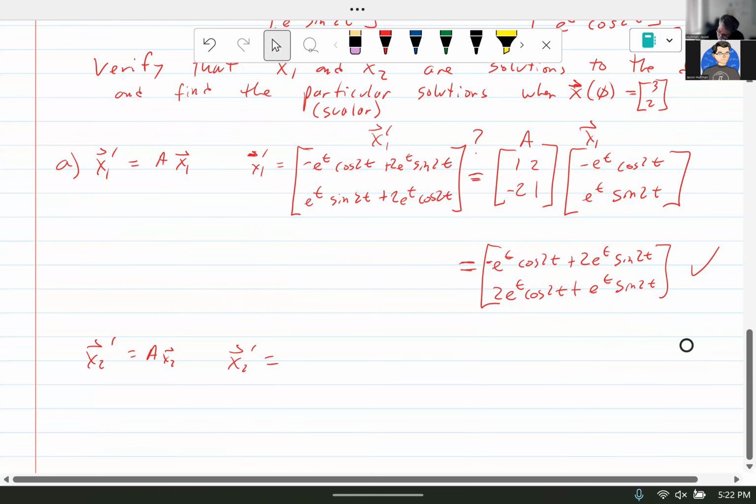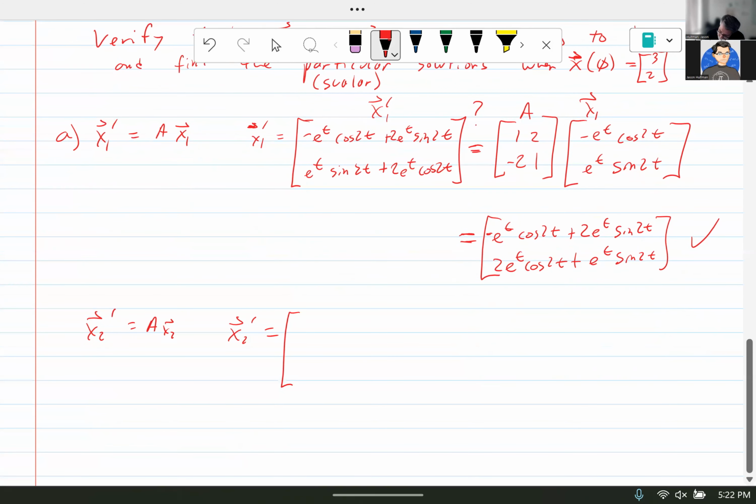So x2 prime is e to the t sine 2t plus 2e to the t cosine 2t, and then e to the t cosine 2t minus 2e to the t sine 2t.